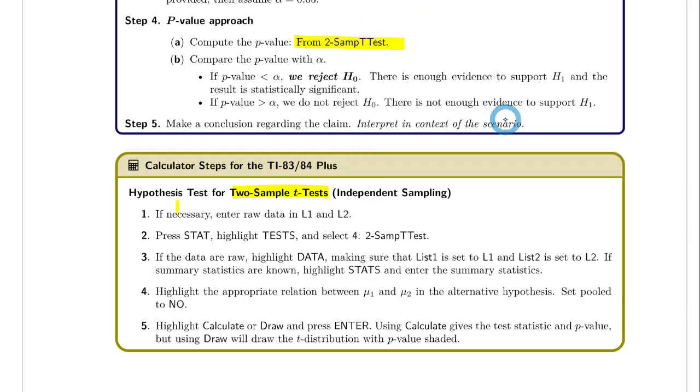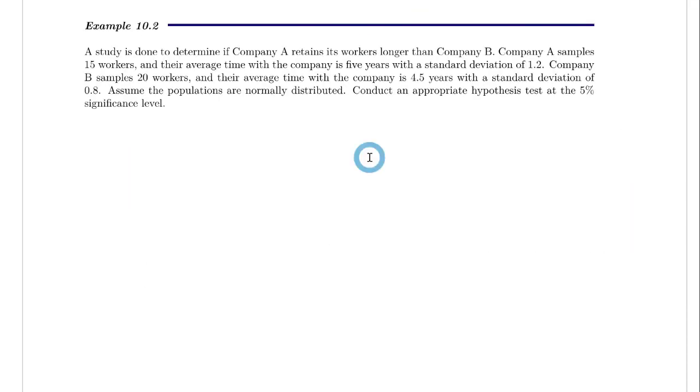Okay, so let's do the example. Company A samples 15 workers and their average time with the company is 5 years with a standard deviation of 1.2. Company B samples 20 workers and their average time with the company is 4, at a 5% significance level.